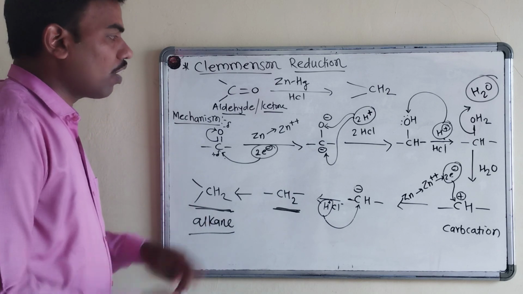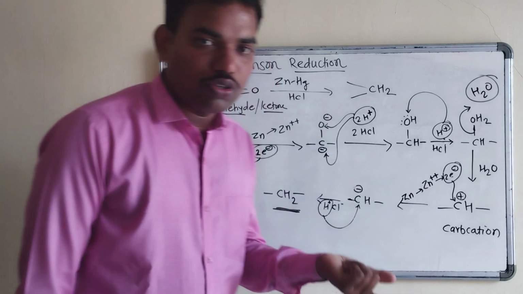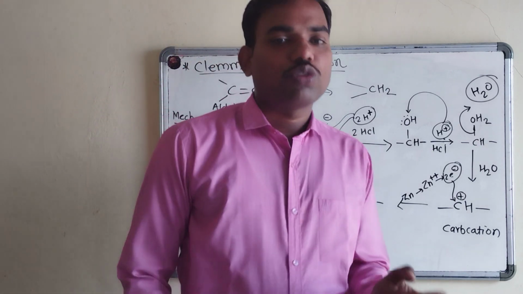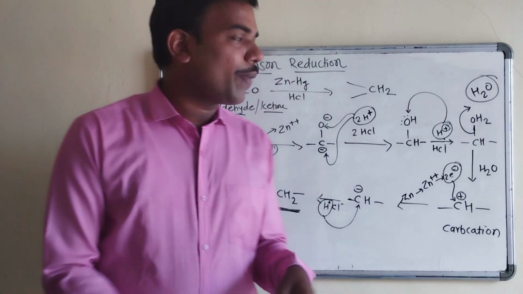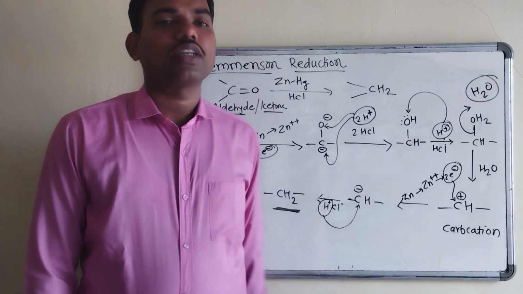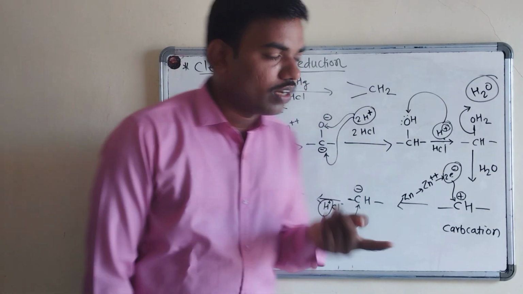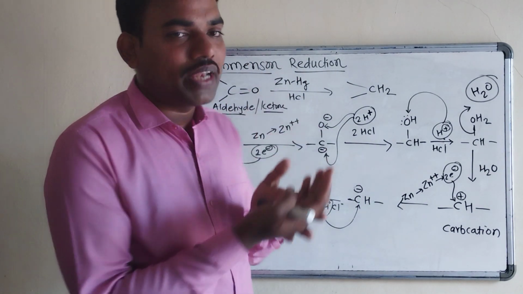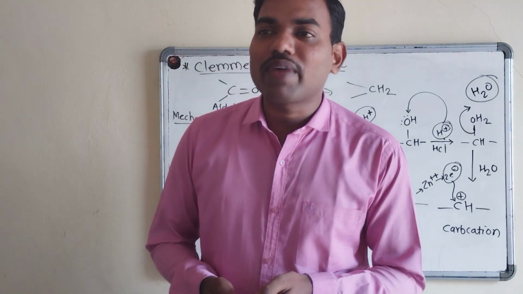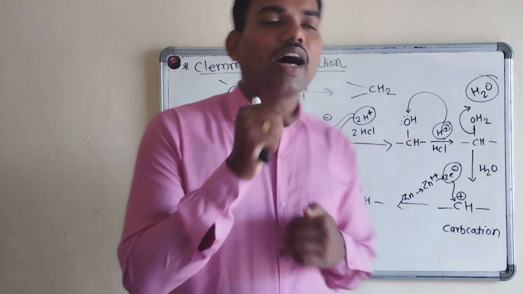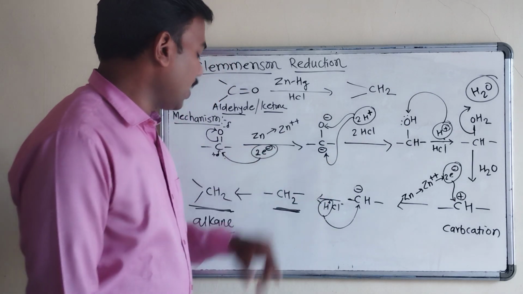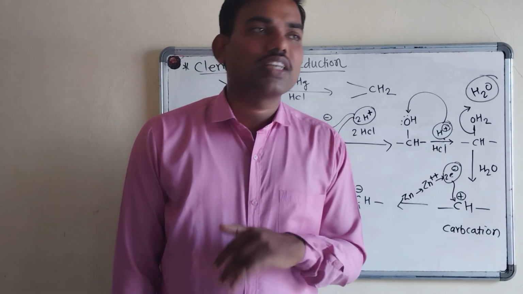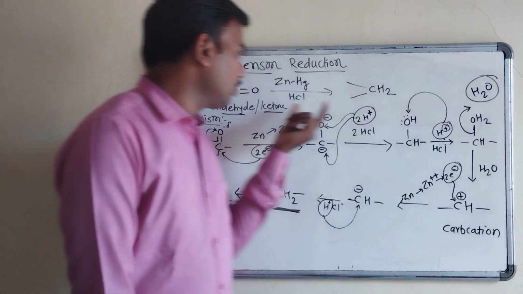So an aldehyde or ketone is reduced into an alkane. As you compare this Clemmensen reduction to the Wolff-Kishner reduction, the reduction is of a similar type, only the required reaction conditions are different. So that is the only difference between the Clemmensen reduction and the Wolff-Kishner reduction.